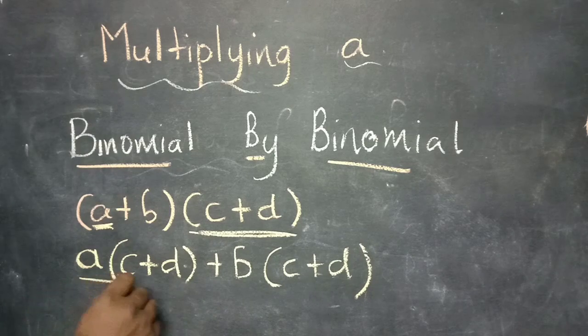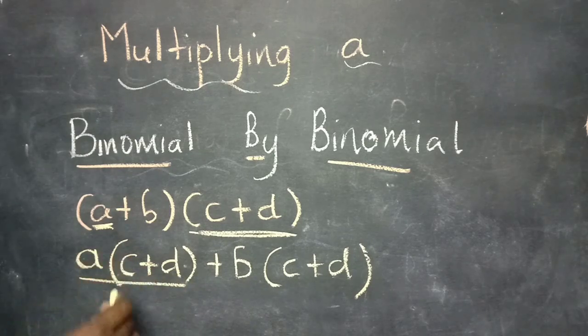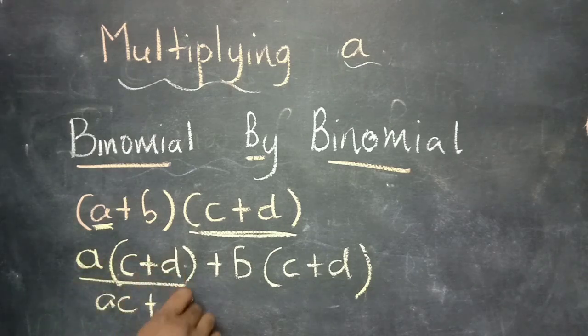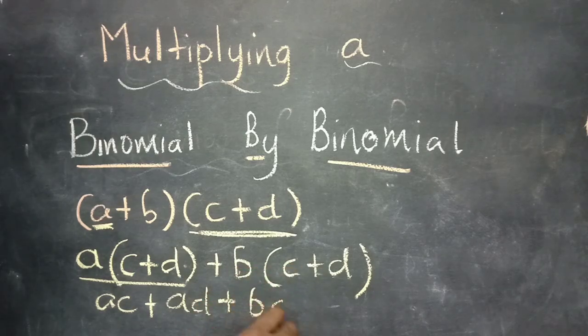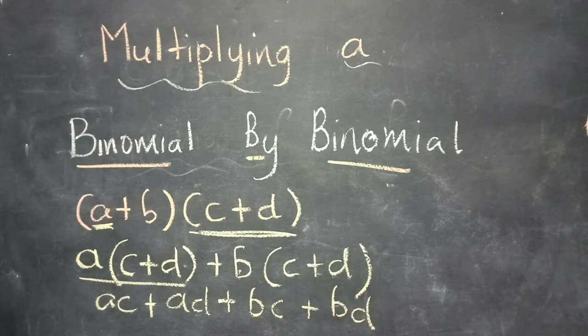Now it is a simple monomial and binomial multiplication, that is a into c is ac, plus a into d is ad, b into c is bc, next b into d is bd. This is how you multiply a binomial by a binomial.